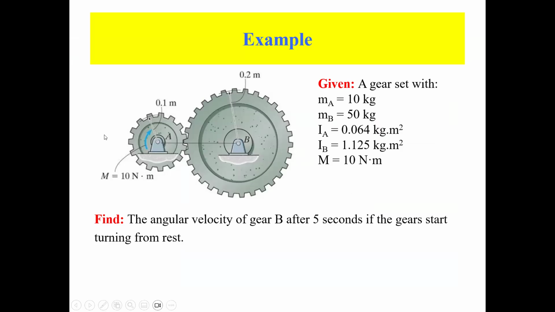Based on the problem, these external moments are applied on gear A. And we should find the angular velocity of gear B after 5 seconds if the gears start turning from rest.